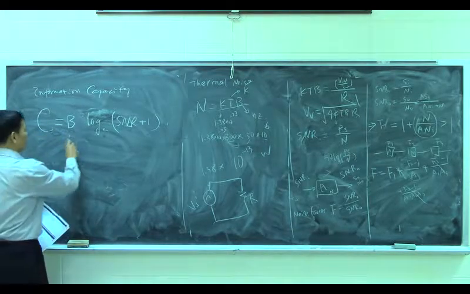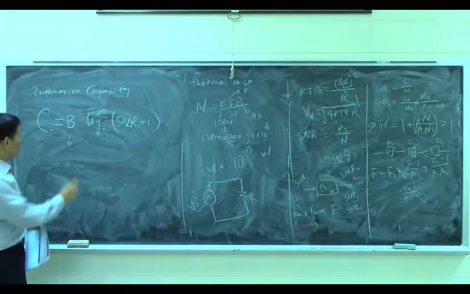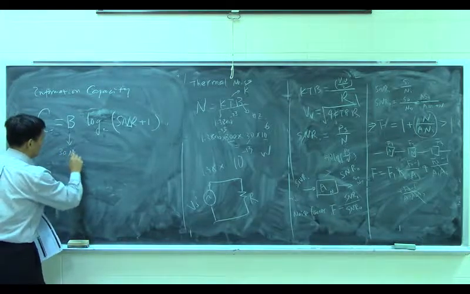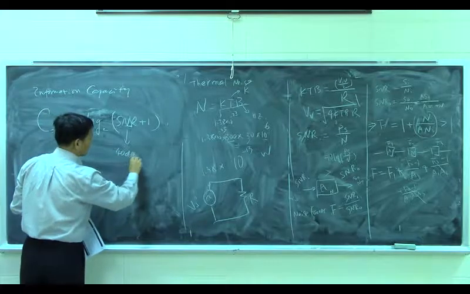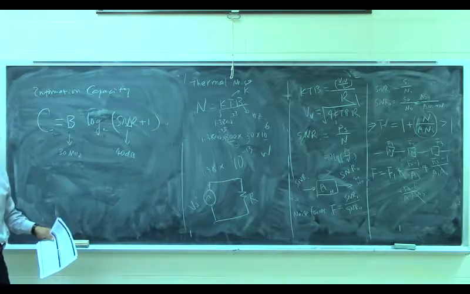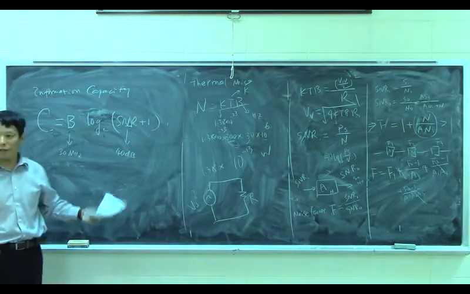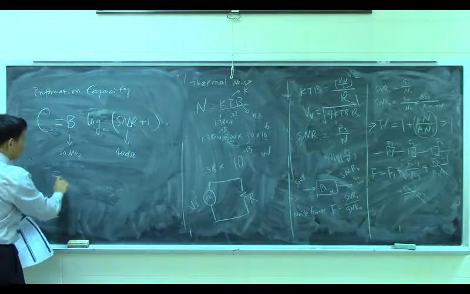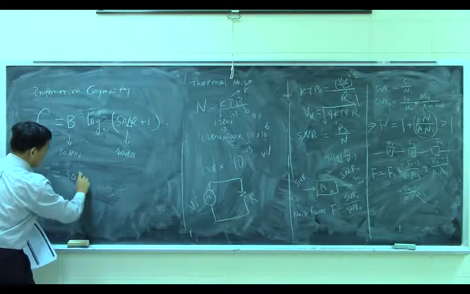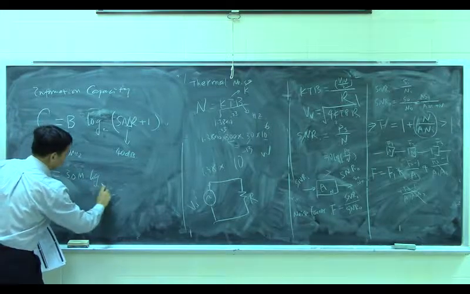For example, for your cell phone, suppose the bandwidth equals 30 megahertz and the signal-to-noise ratio equals 40 dB. So how fast can you transmit with your cell phone? Let's do this: 30 meg times log base 2.